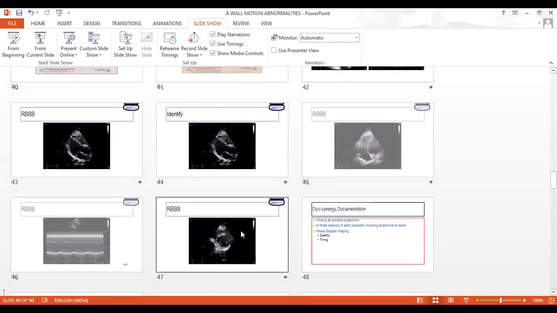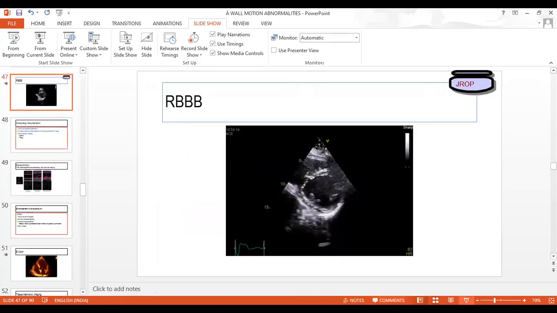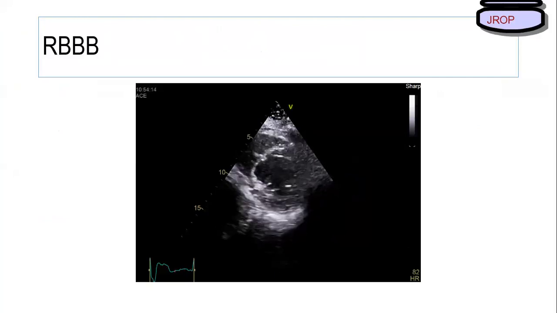Can you see my slides now? Yes, sir. All right. So this is a slide at the level of papillary muscles.